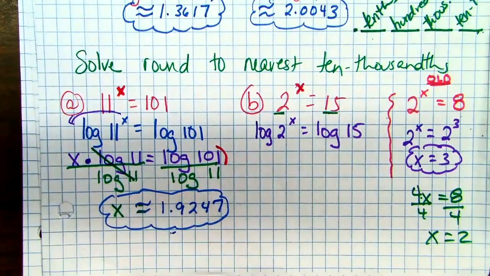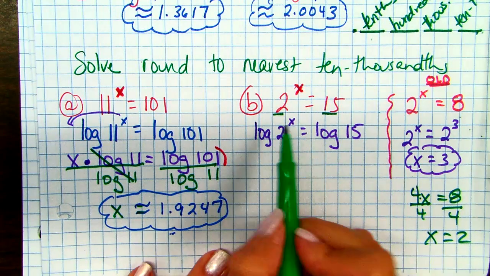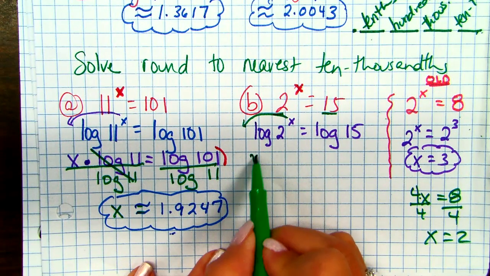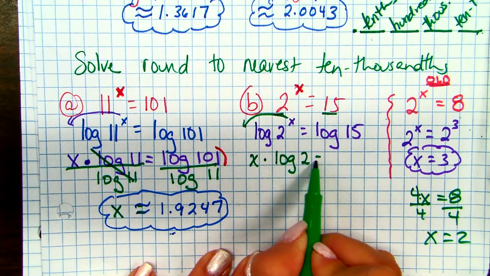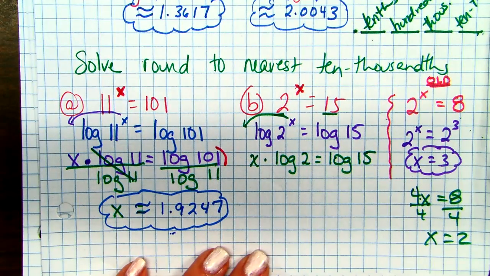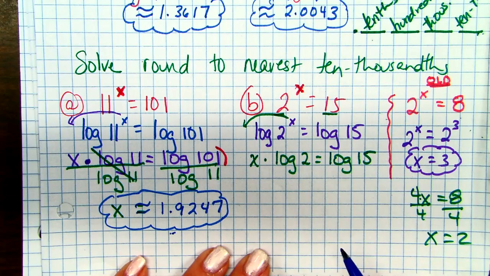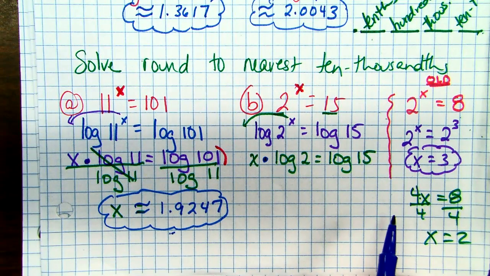Okay? And why we did that is because now that it's a log, we can apply that power property and bring the exponent down to the front. So it's x times log 2 equals log 15. And like Mandy told us on the last one, we're going to divide both sides by log 2. Remember, your goal is solving for x. We want to get x by itself.